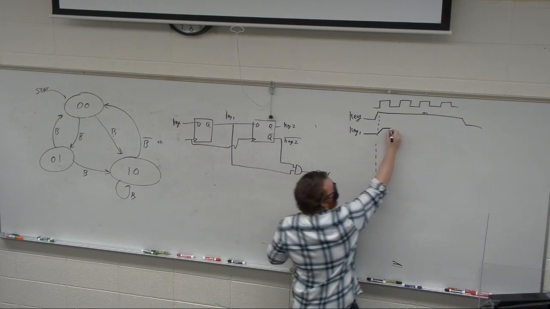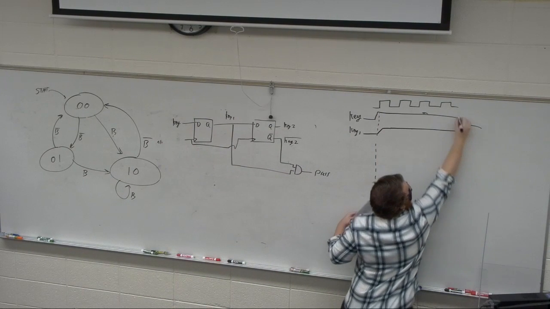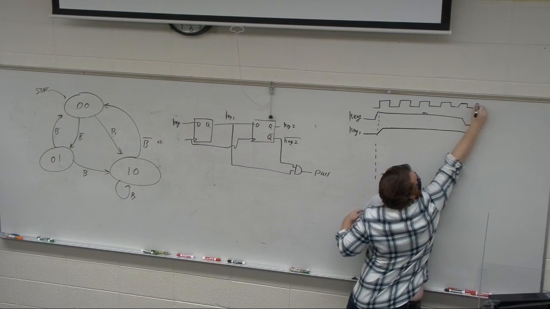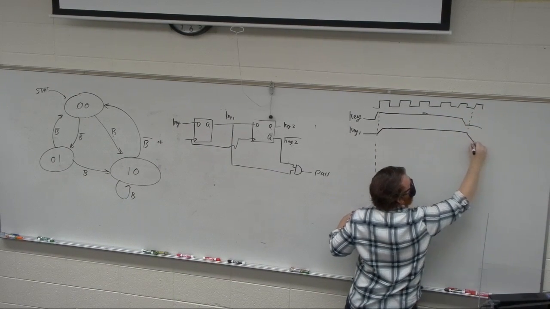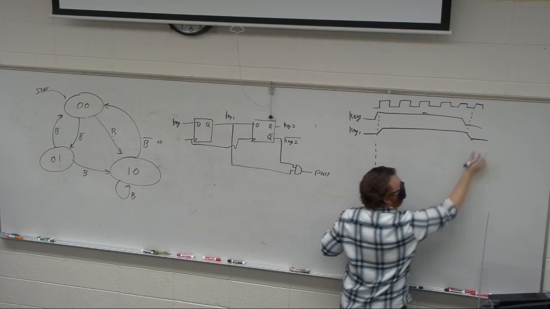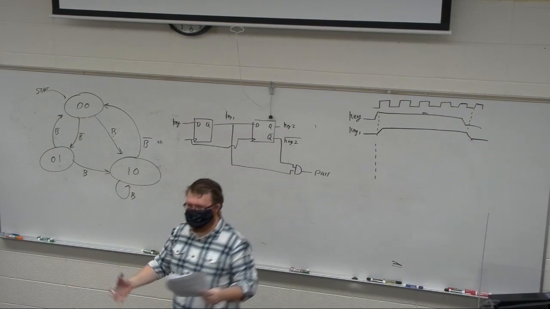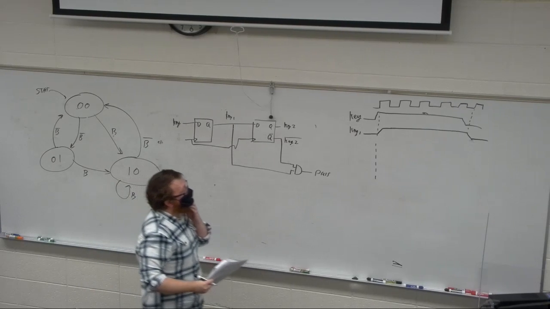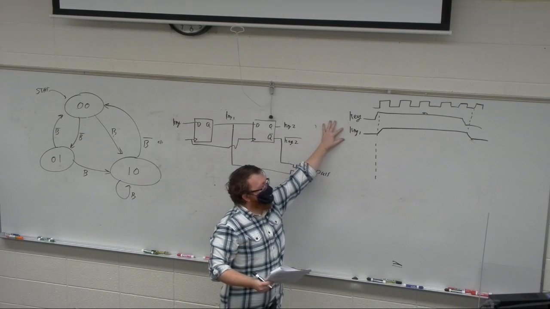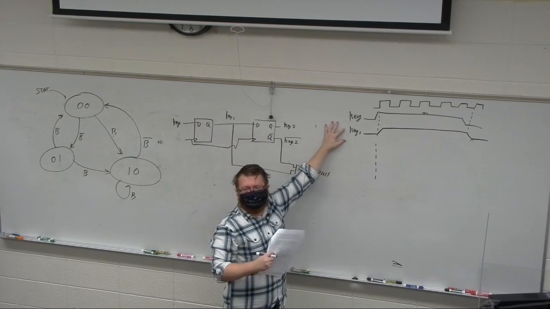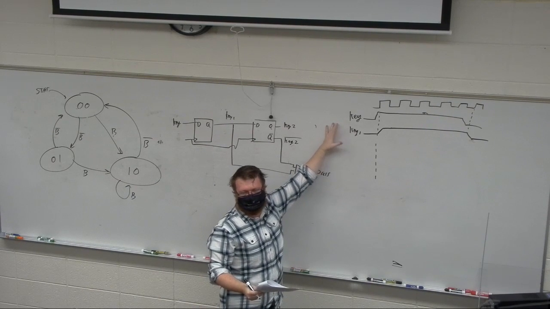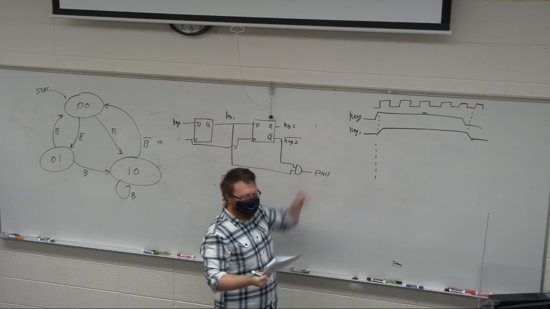And it's going to stay high until the clock cycle after key goes low, because again, it can't update until then. But with only that D flip-flop, we've just added an offset. We haven't really fixed the issue. We still have a long pulse.